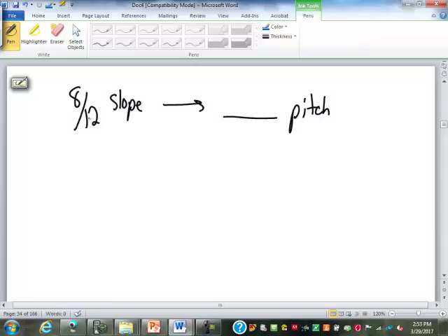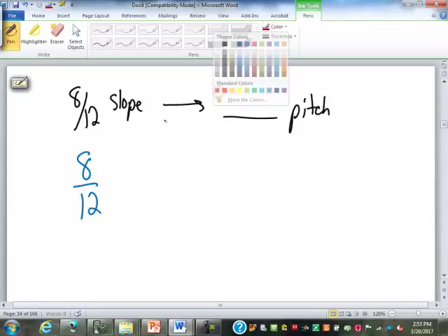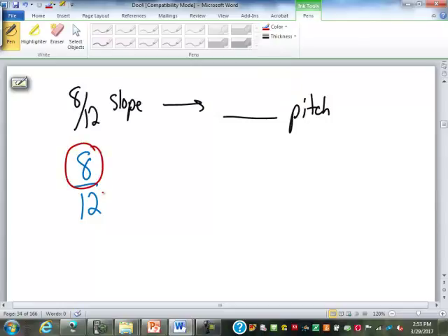To convert any slope into a pitch, what we are going to do is you take the numerator, the 8, and instead of 12, you put it over 24.